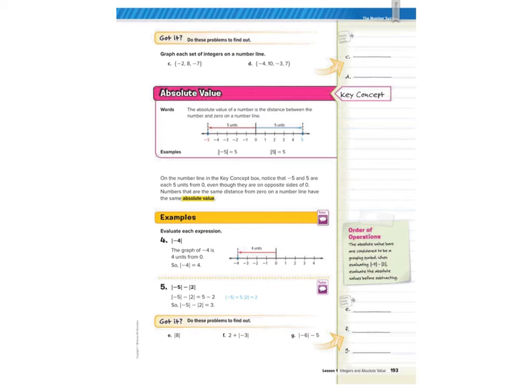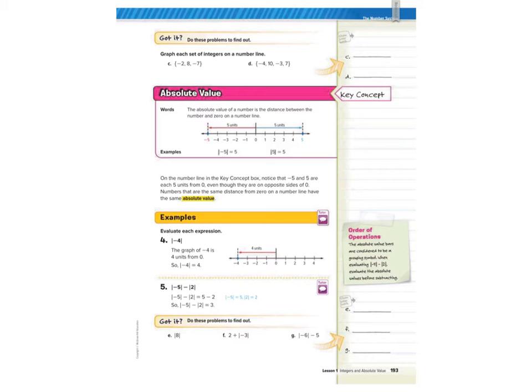All right? On the number line, -5 and +5 are called opposites of each other, and numbers that are the same distance from 0 are always going to have the same absolute value. Let's do some examples real quick here. If they want the absolute value of -4, -4 is 4 units away from 0, so the answer is 4.